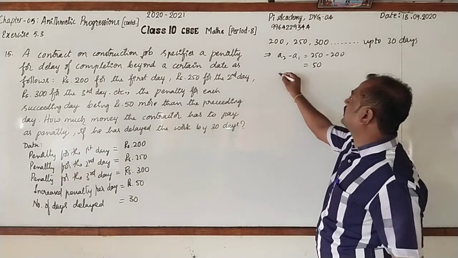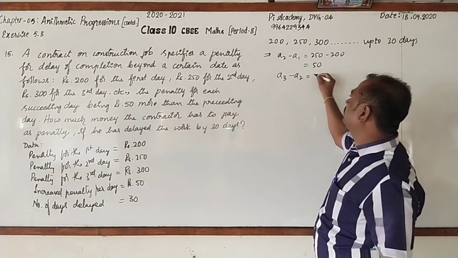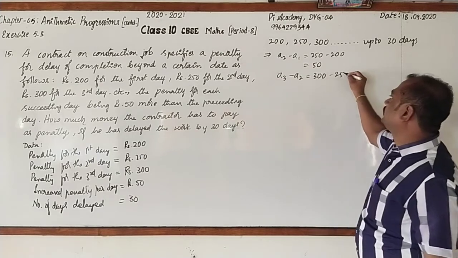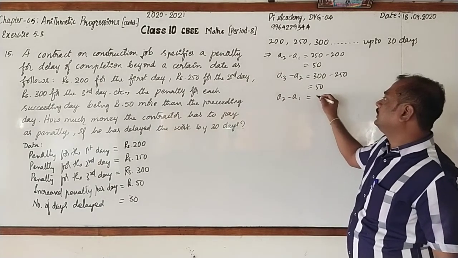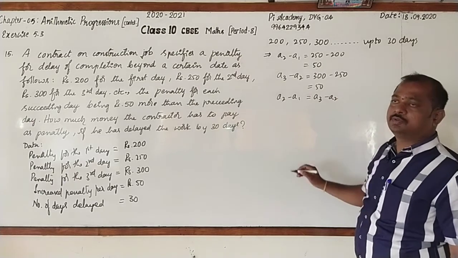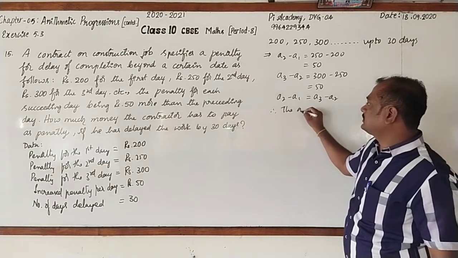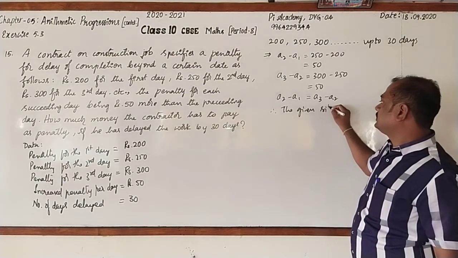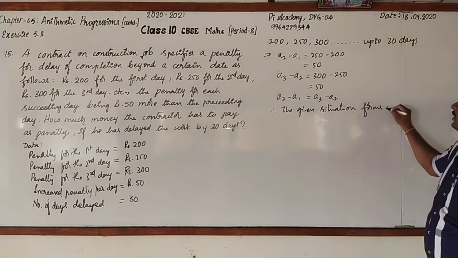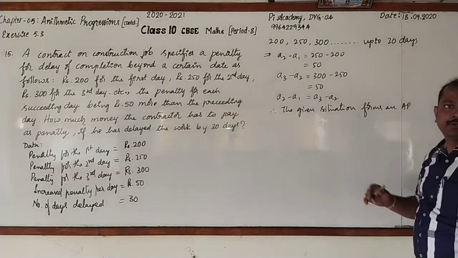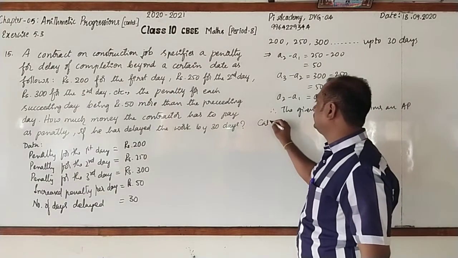Or else you can also write in this way: A3 minus A2 is 300 minus 250. It is also 50. Here A2 minus A1 is A3 minus A2. Therefore, the given situation forms an AP.